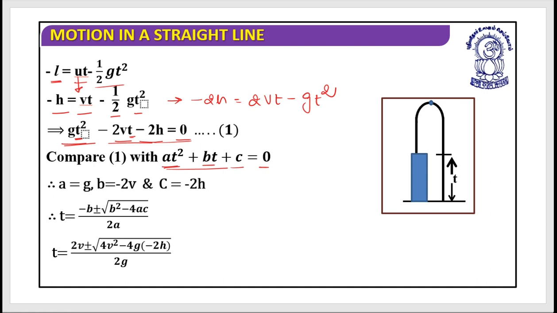When you compare the terms, you need to compare them with their signs. So a would be plus g, b should be taken not as 2v but as minus 2v, I hope you understand this, and c, the constant, equals minus 2h. So a equals g, b equals minus 2v, and c equals minus 2h.